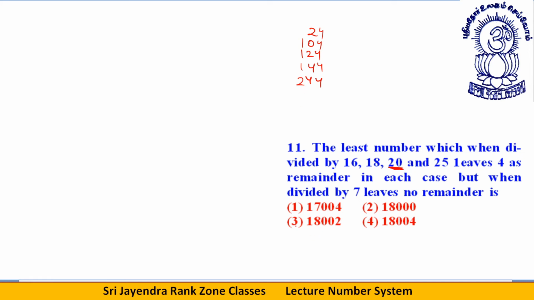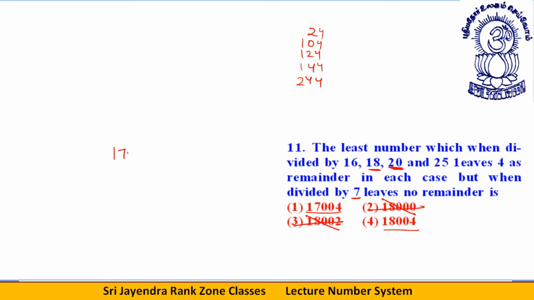So every number will end with the 4. Now, the other thing is, when divided by 7 it leaves no remainder. Let's talk about this number 1704 or 18004, like this. One more thing. Number when divided by 18 leaves a remainder 4.